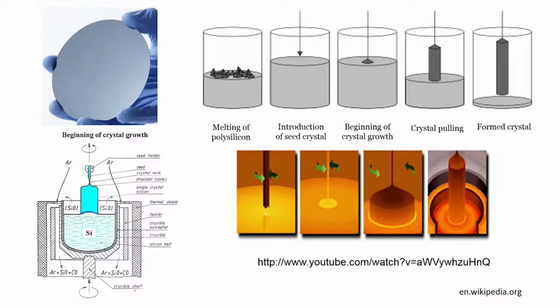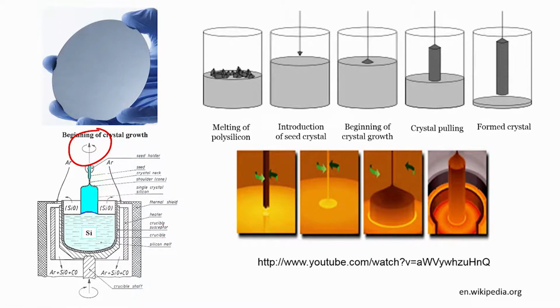The system consists of a crucible shaft. The rotation of this crucible shaft is in the opposite direction to the rotation of the seed holder, as you can see here. Second, there is a silicon melt, as you have seen.